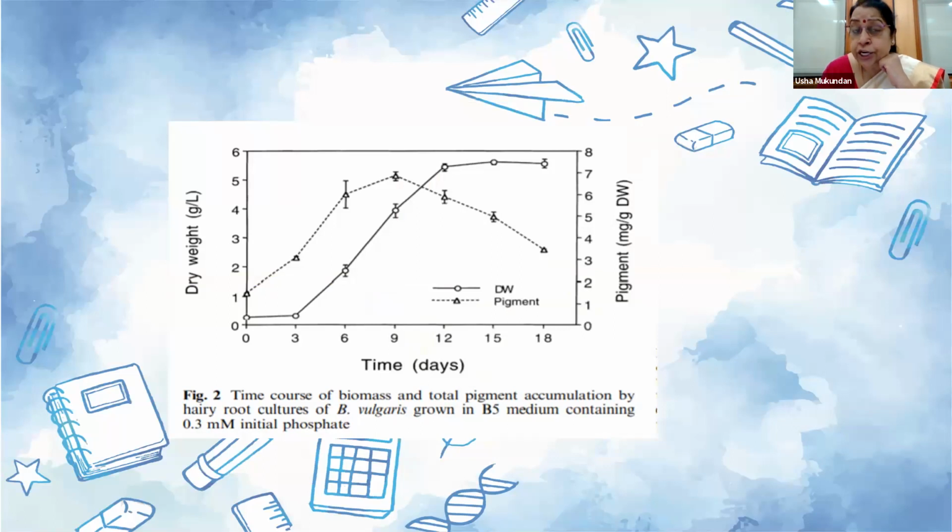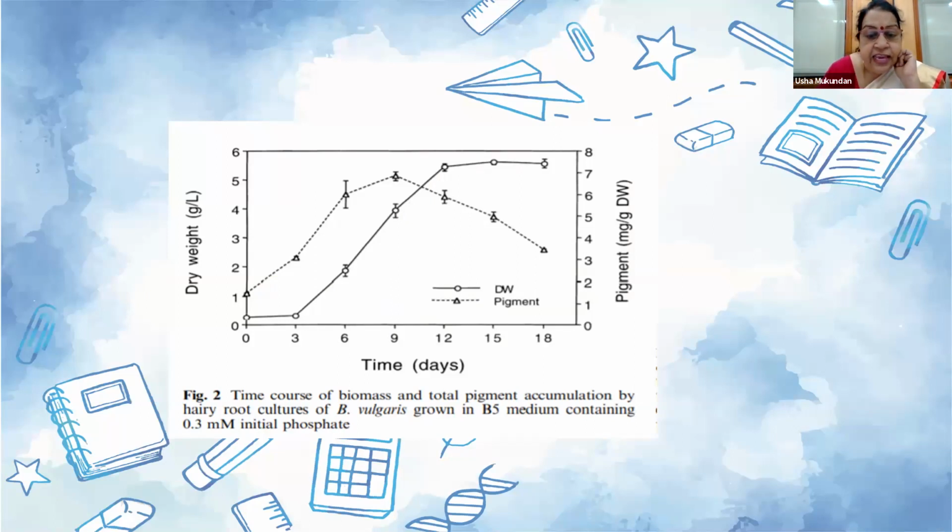Did I not mention to you that production of secondary metabolite can be growth associated or growth dissociated? I put up this slide from our own publication, wherein we changed the media phosphate content. And when you alter the media phosphate content, there is a change in the amount of betalains being accumulated.